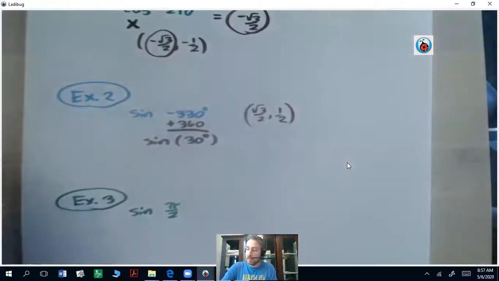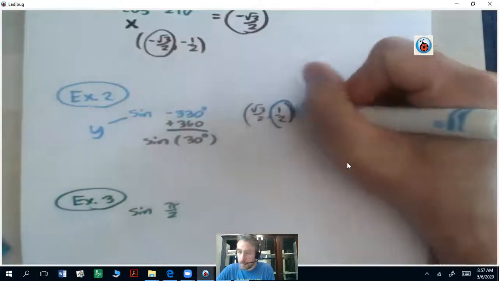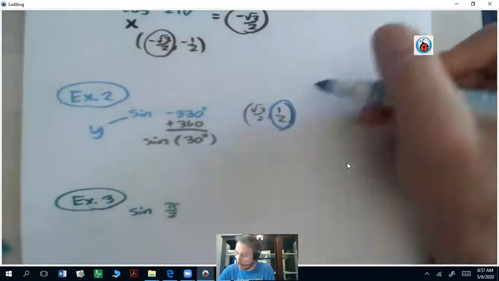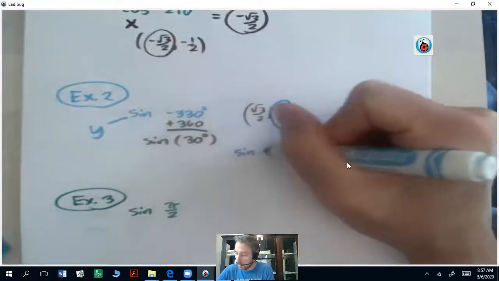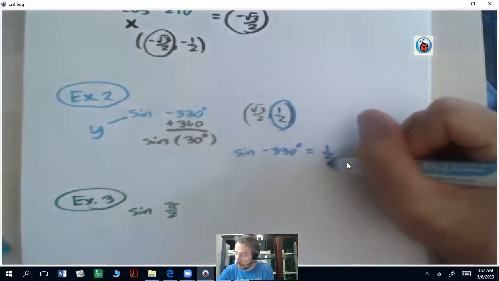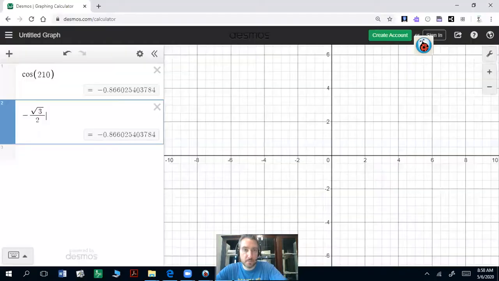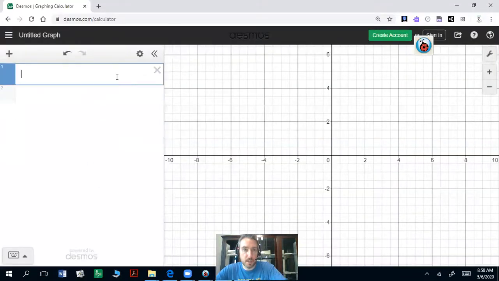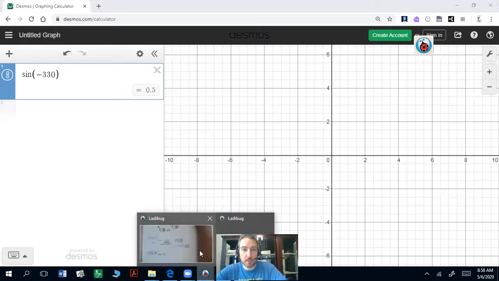Since the sine value is the y, I want to report the y value. So since the y value is 1/2, sine of negative 330 degrees is also 1/2. I'll check this again with a calculator. You just type SIN, parentheses, negative 330, since I'm in degree mode, and that gives me 0.5. I know that 0.5 is 1/2, so we are good to go.